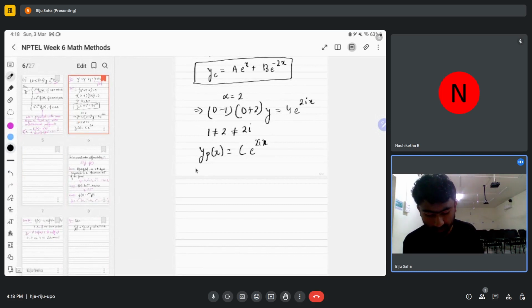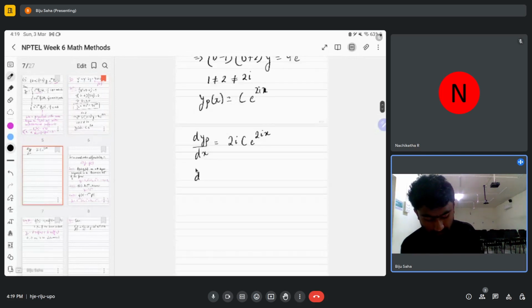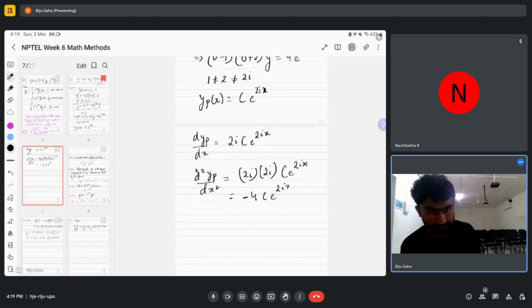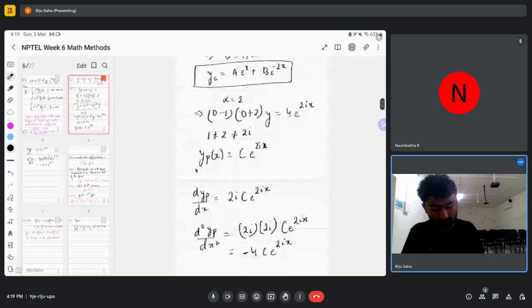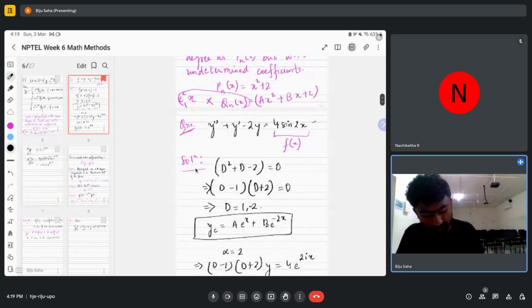Let us try to find out the values. What will be the values of c and all? Differentiating once would give me, and the second differentiation would give me, so let me substitute all of them here.